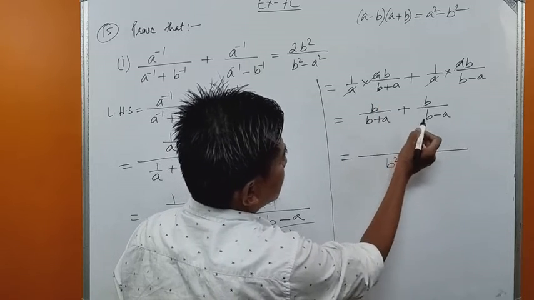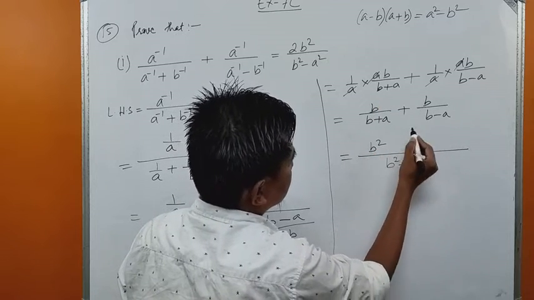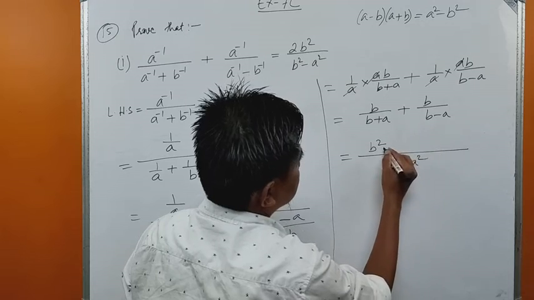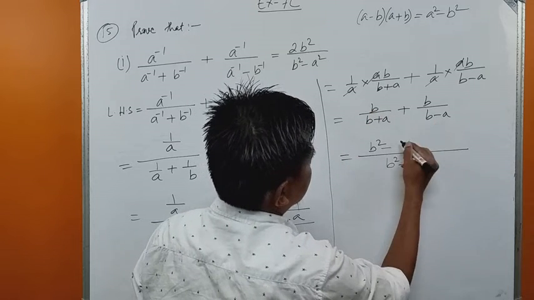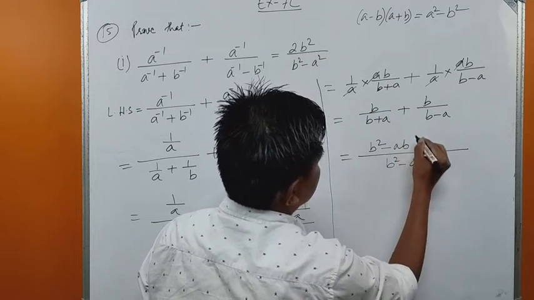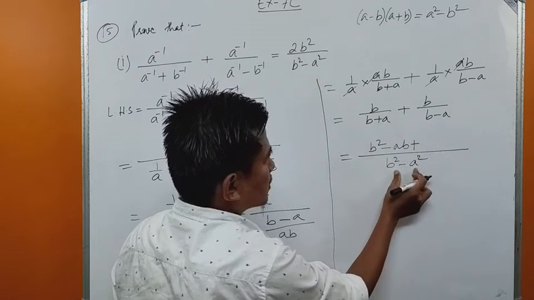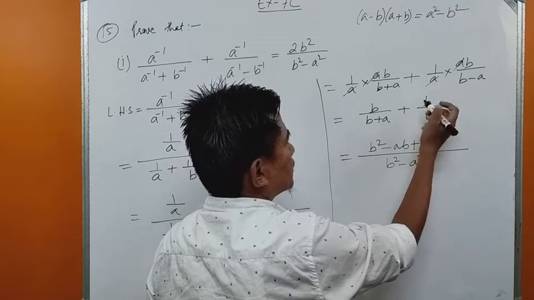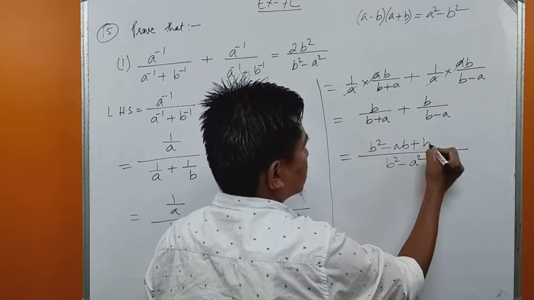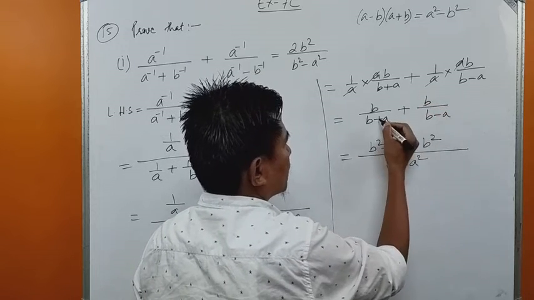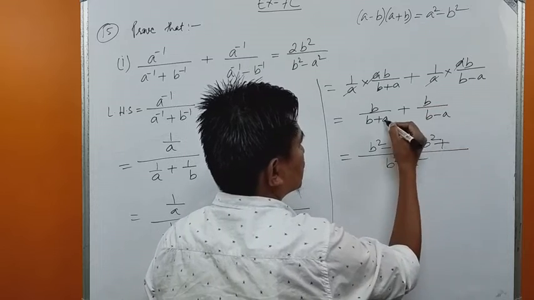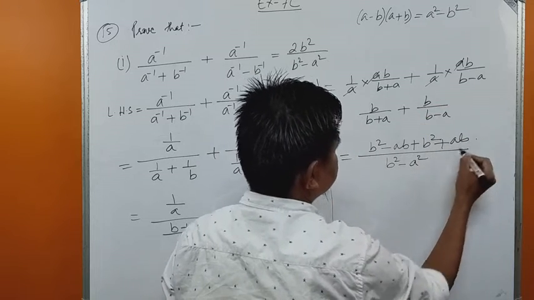Now b plus a into b minus a gives us this, which means b minus a into b, isn't it? So b into b, b square, plus into minus, minus b into a, ab, plus comes here, b minus a into b plus a gives us this number, so b plus a into b, isn't it? So b into b, b square, plus into plus, plus b into a, ab.